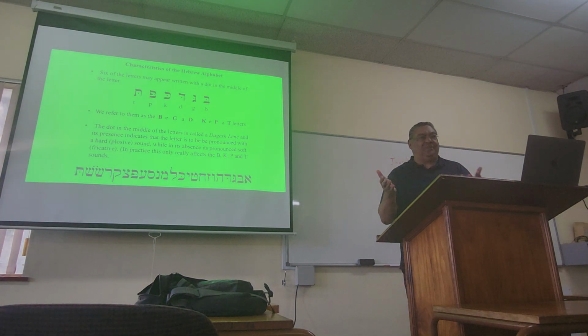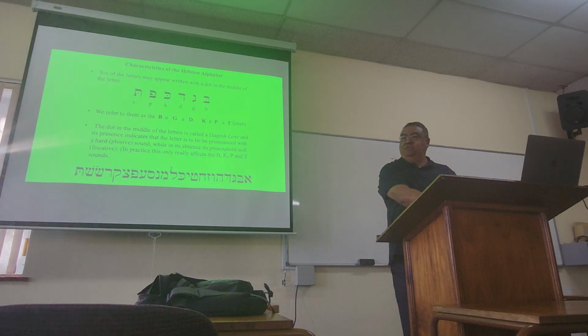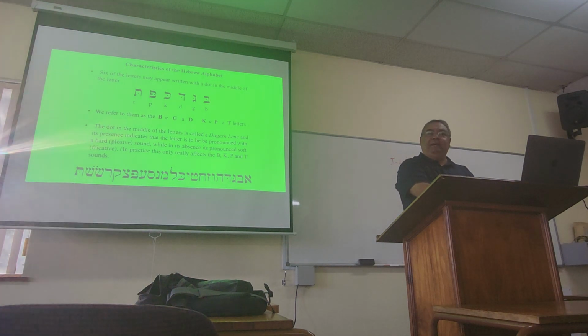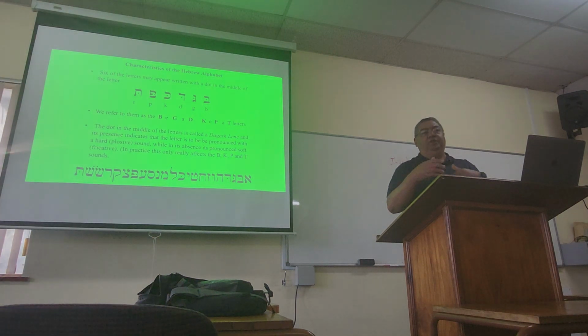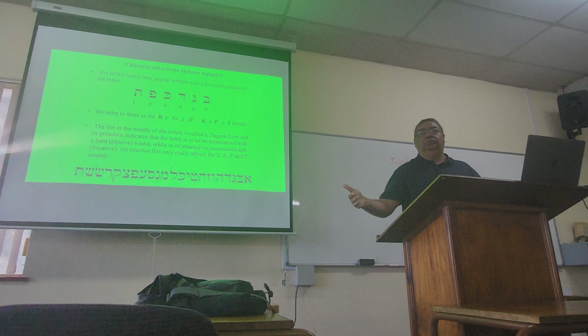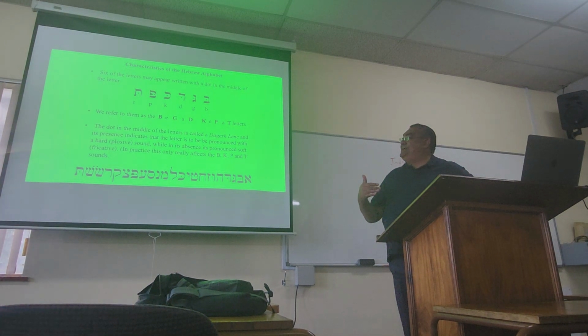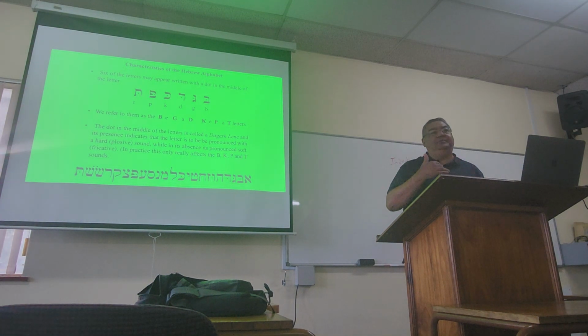Okay, so you get the idea, that you've got these letters where the presence of the dot means dagesh, hard pronunciation, the absence of the dot, soft pronunciation, then you go for the softer alternative pronunciation. That doesn't happen with the gimel and the dalet.